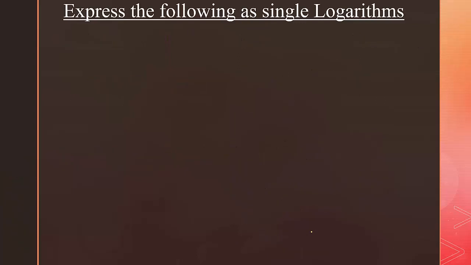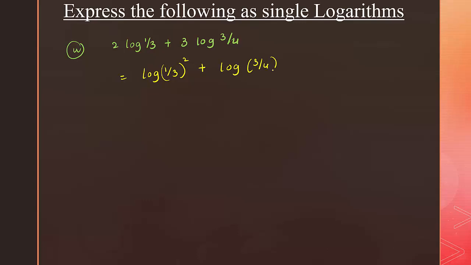Now one more problem we can observe here. It is given 2 log of 1 by 3 plus 3 log of 3 by 4. Try to solve the problem. Here we can apply the third rule. I am going to write log 1 by 3 raised to 2 plus log 3 by 4 raised to 3. Now this is the additive identity.